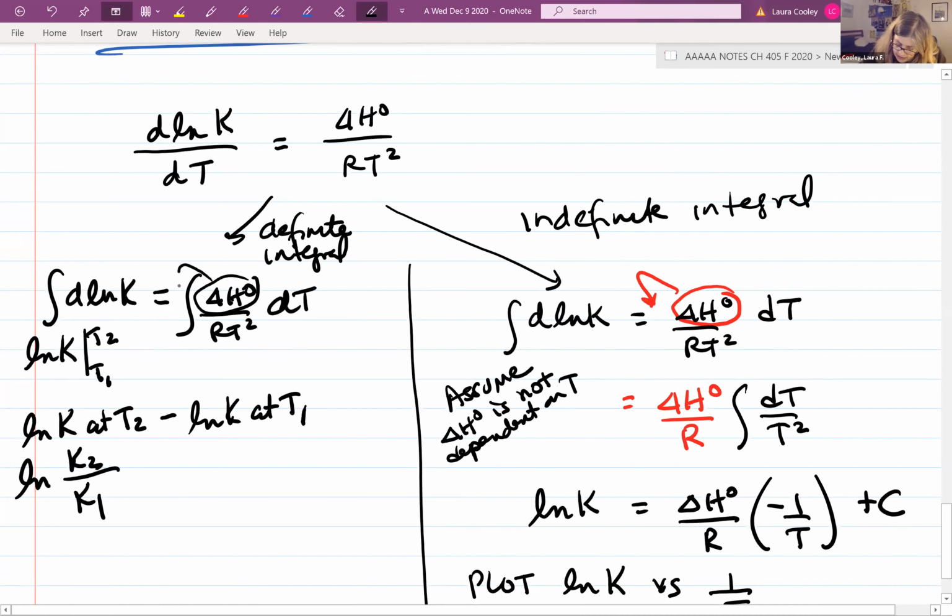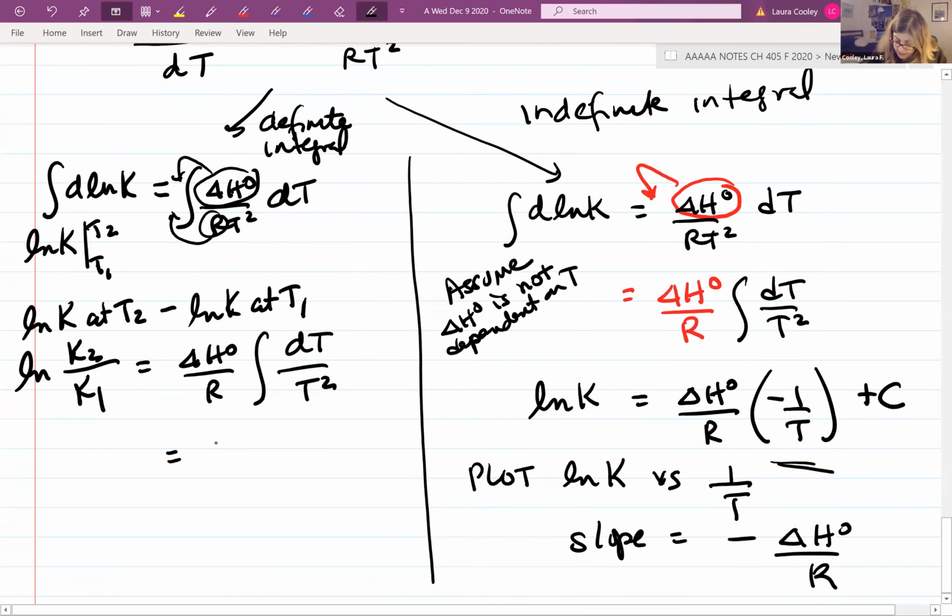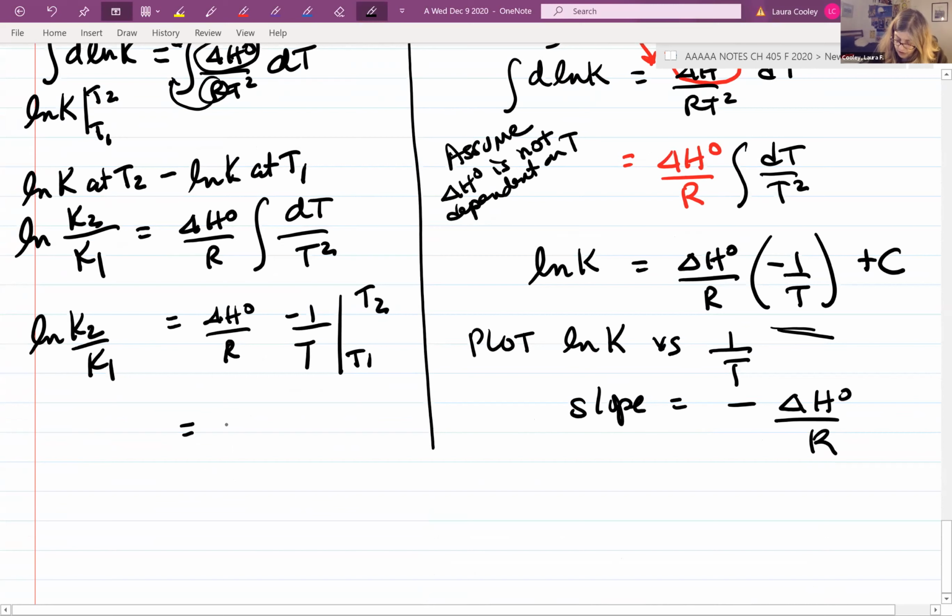Again, you'd have to take the delta H out and the R out, of course, and so this would be delta H0 over R, the integral of dt over t squared, which is the same as what I've written on the right. No more integral, we've evaluated it, from T1 to T2. And so this is familiar.